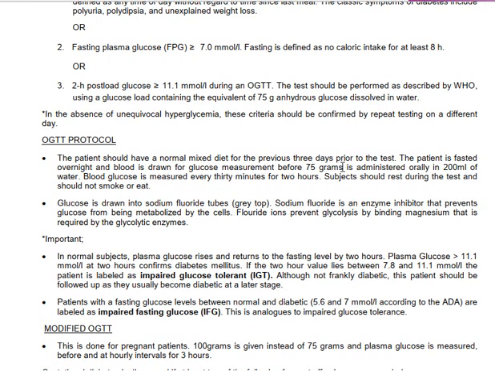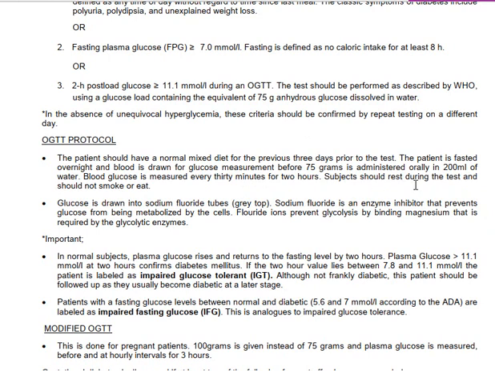Then you give 75 grams of glucose administered orally in 200 ml of water. The blood glucose is measured every 30 minutes for 2 hours.